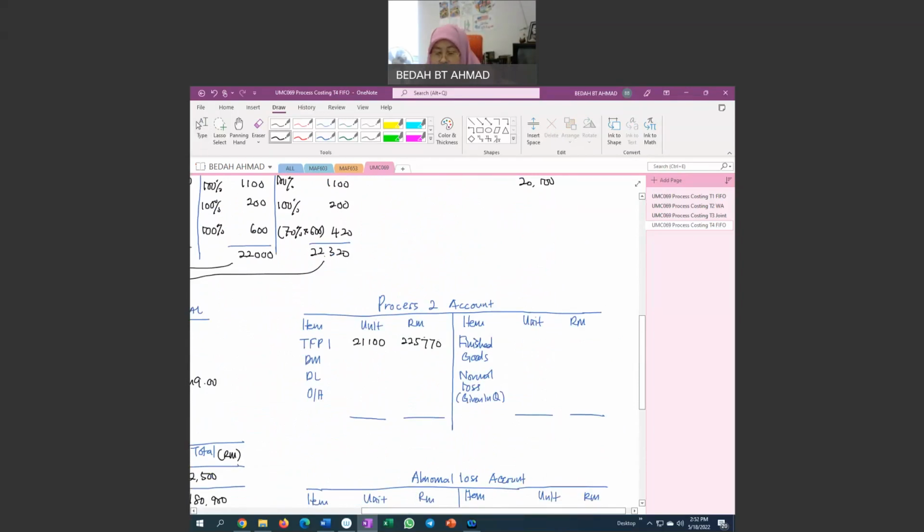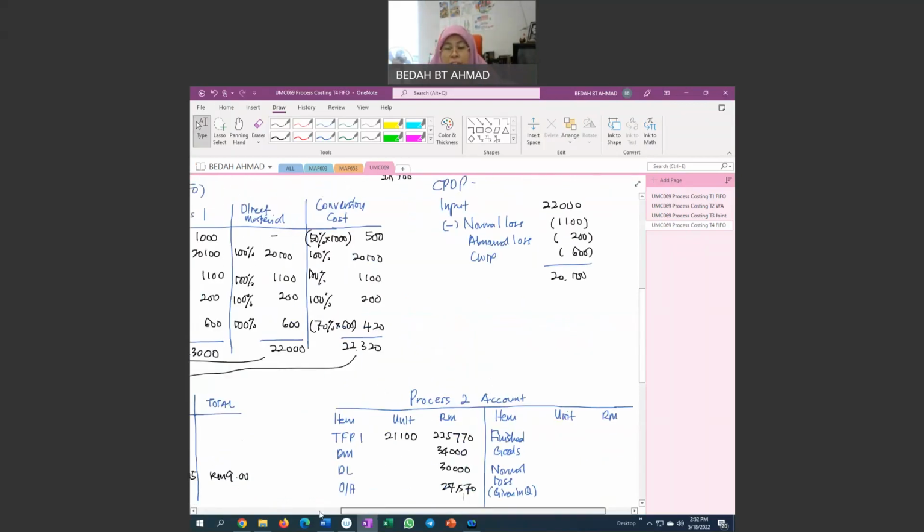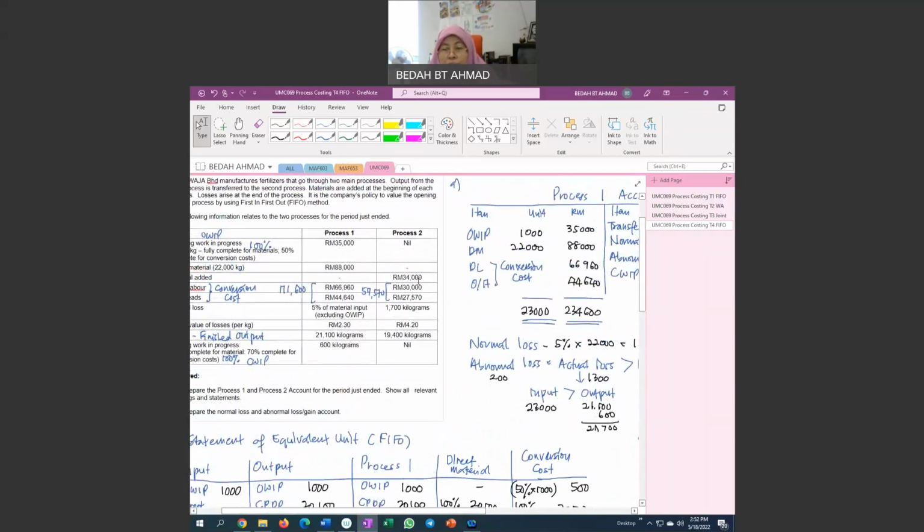Then we add the current material added, which is 34,000. There are no units there. So 34,000, and the conversion cost, direct labor, is 30,000, and the overhead is 27,570. So that is all the information for process 2 as per the question, and there is a normal loss of 1,700.